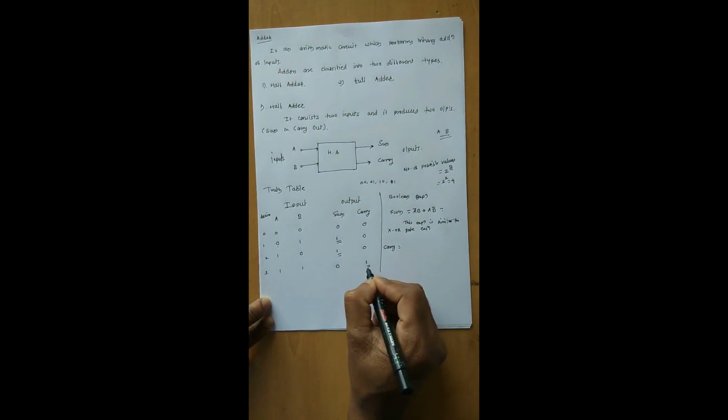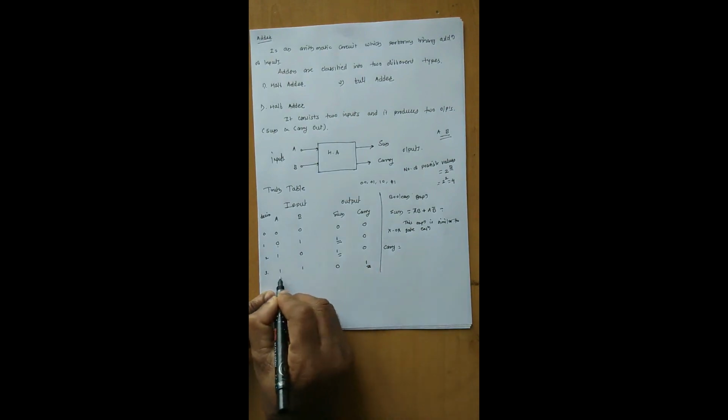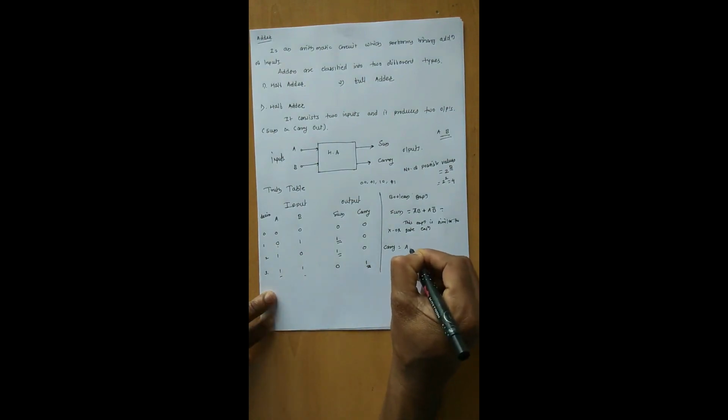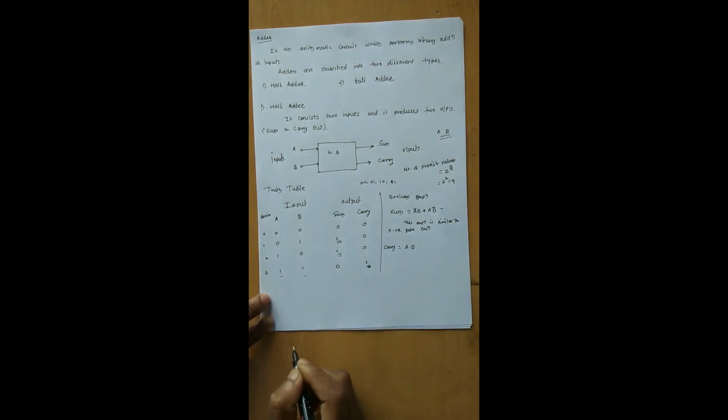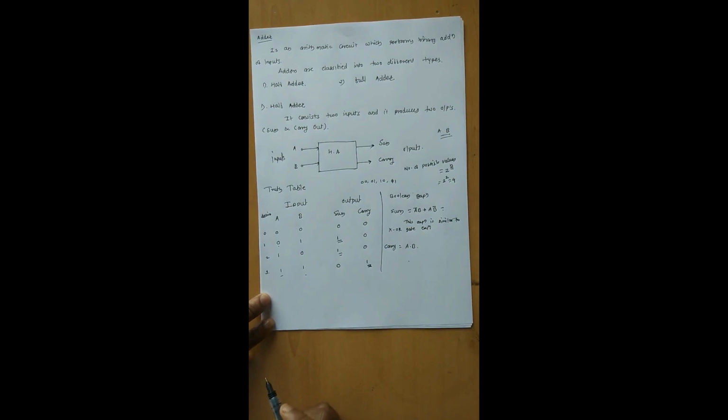Let's find the expression for carry. For carry, only one 1 is present, so we consider A into B. With the help of these two Boolean expressions, we can easily draw the logic diagram.